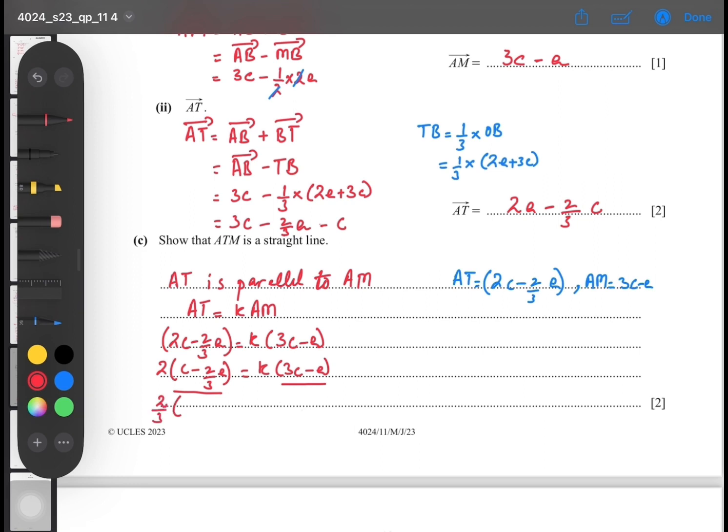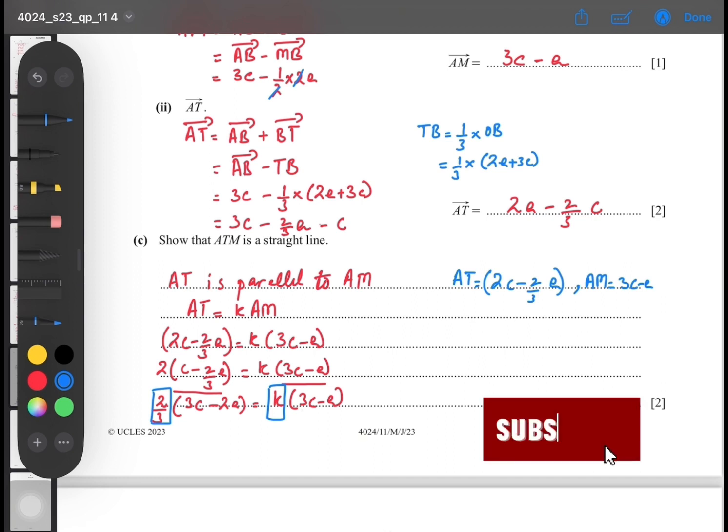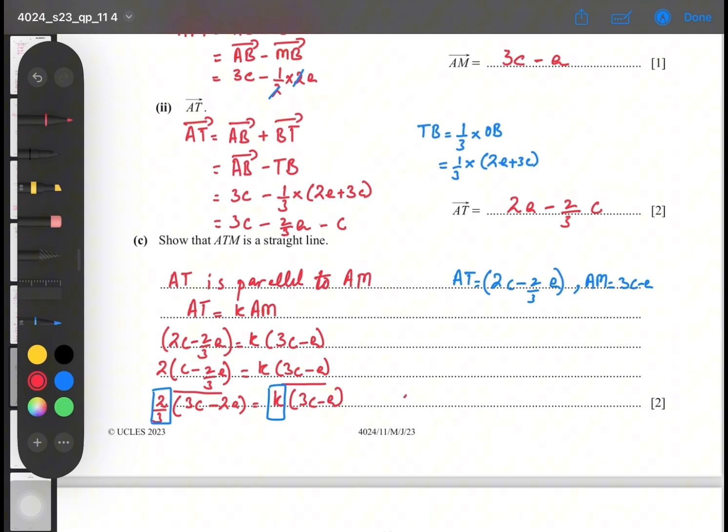So it will be 3C minus 2A equals K into 3C minus A. So you can easily see that K is equal to 2 over 3 and on both sides there is 3C minus 2A. So the value of K is 2 over 3. So it means ATM is a straight line.